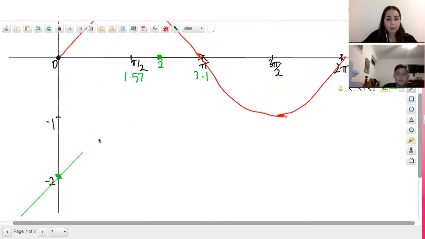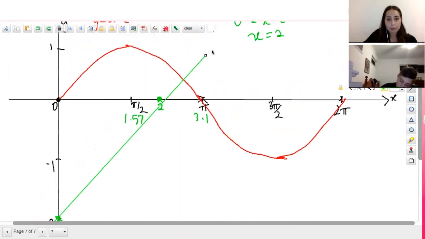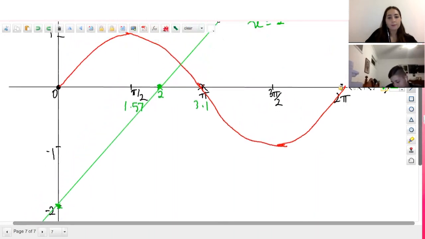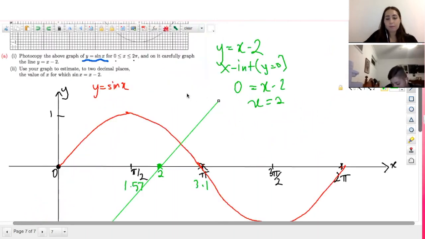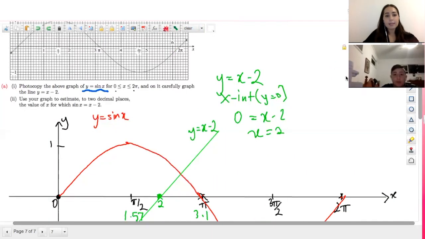So it's going to intercept the y here and intercept the x here, just like so. And I'm just going to extend it up to here just a little bit. So it's a line that looks like this, correct? Cool. Okay, so that's part A done.